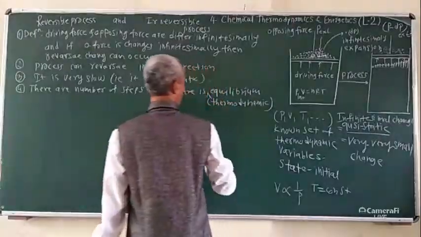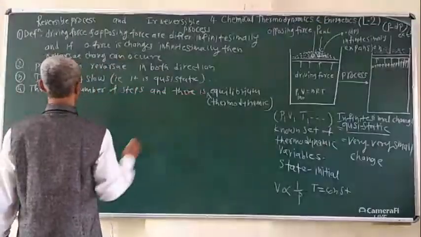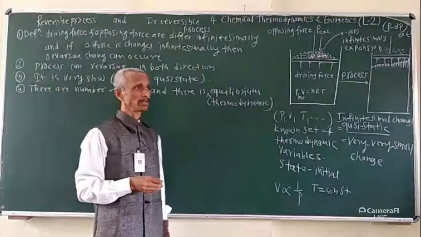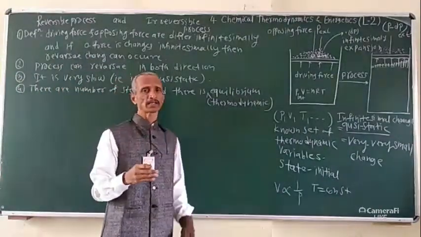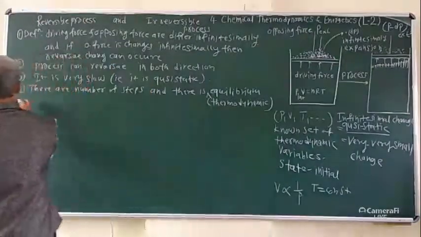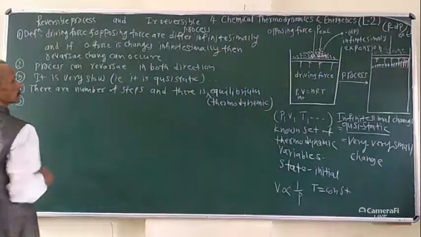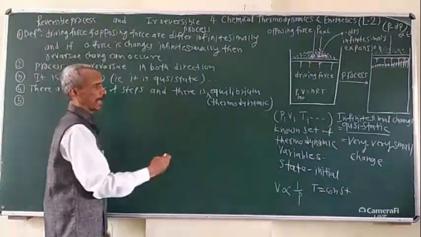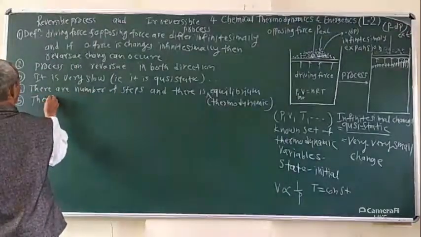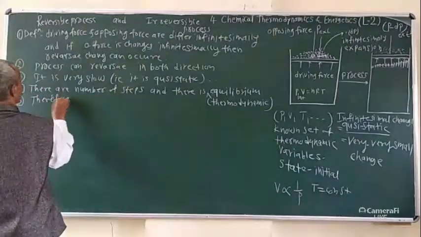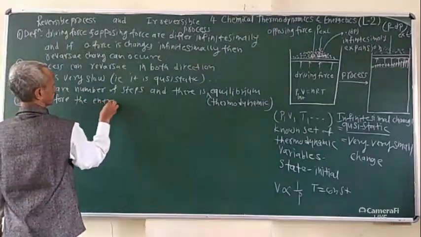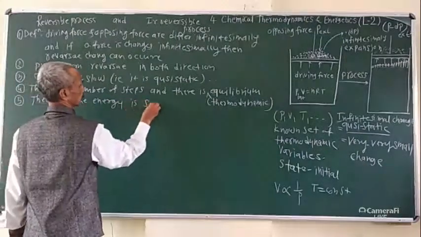Here, all the conditions are in equilibrium between system and surroundings. There is equilibrium because there is a very small change, right? Then, because of this, what happens? As there is equilibrium, the energy is the same.